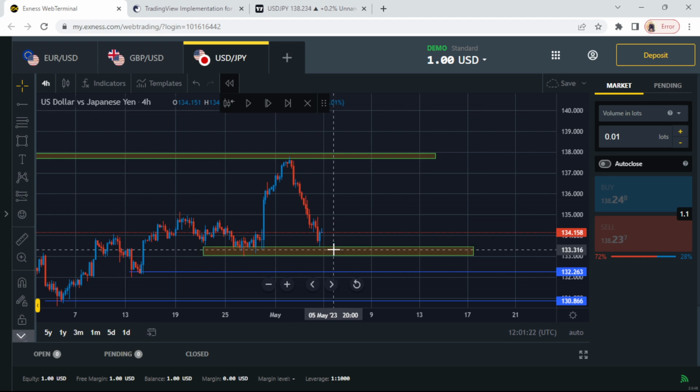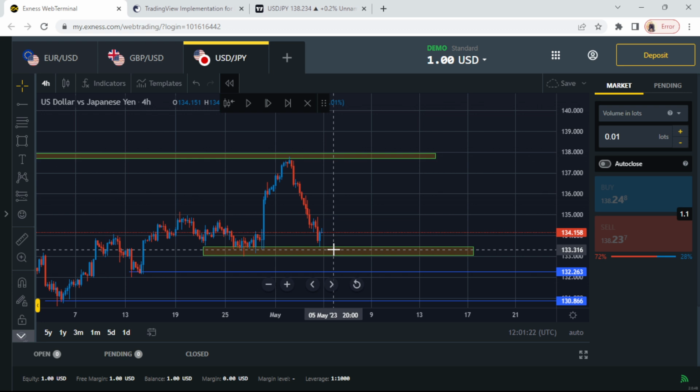It has been invalidated if the body closes below. But a wick can pierce through this zone, and the body must close within the zone or above the zone. If I get that, I'll say, okay, I still have a valid support zone.